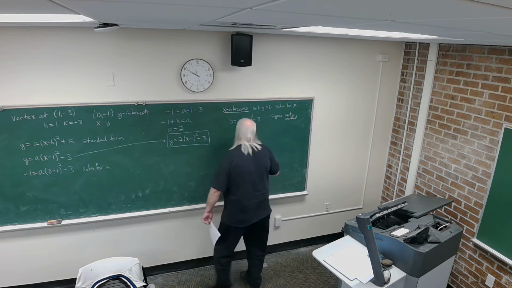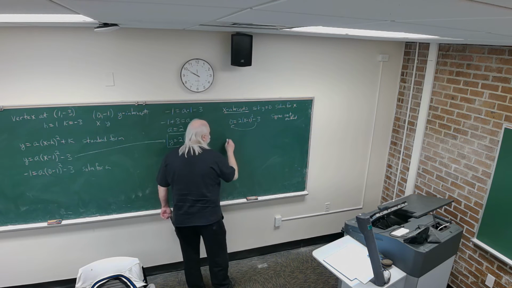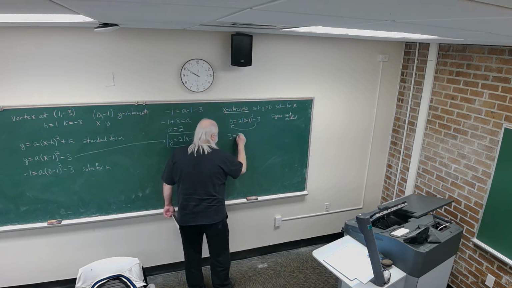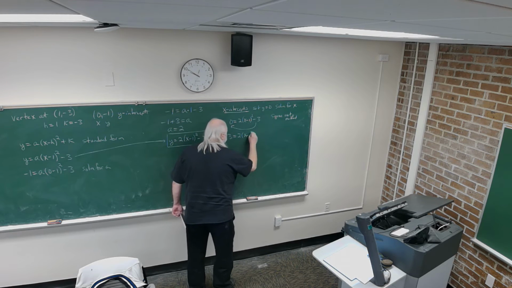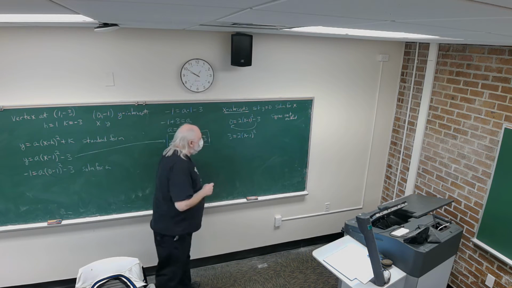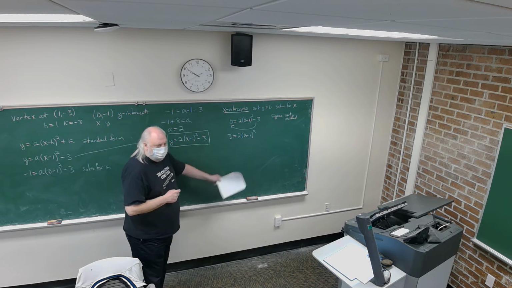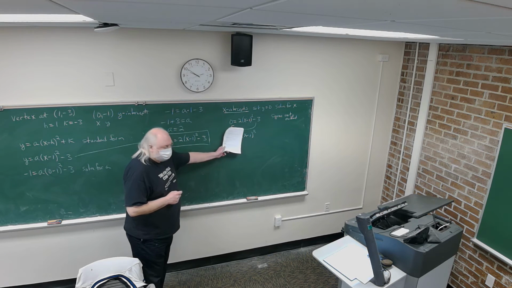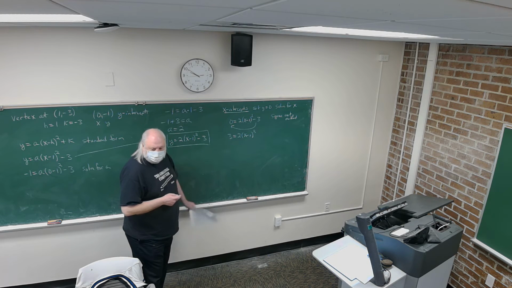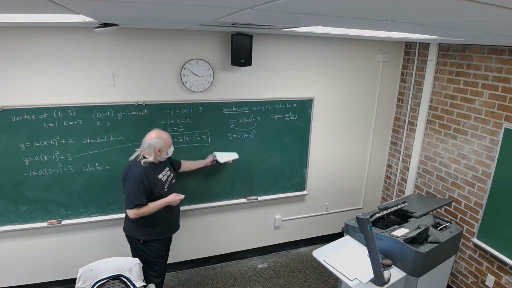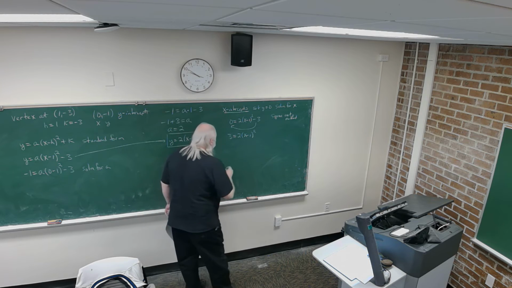So, I'm going to add 3 to both sides. We get 3 is equal to 2 times (x minus 1) squared. You've got to isolate the (x minus 1) squared on one side so I can do the square root method. Now divide both sides by 2.